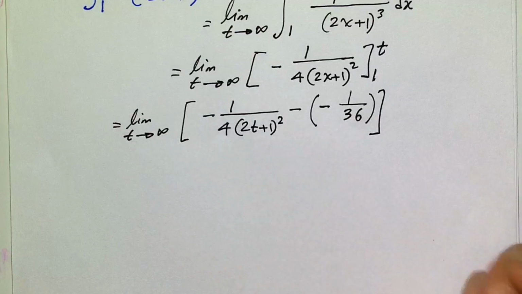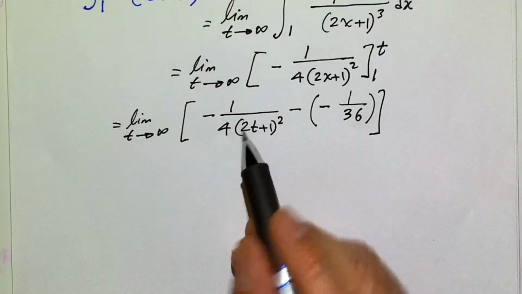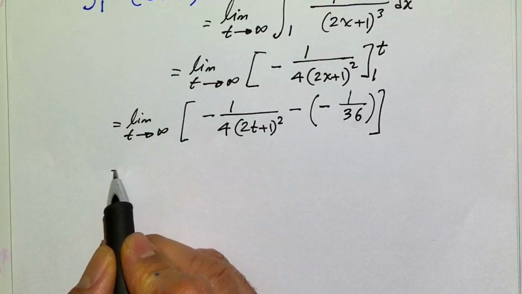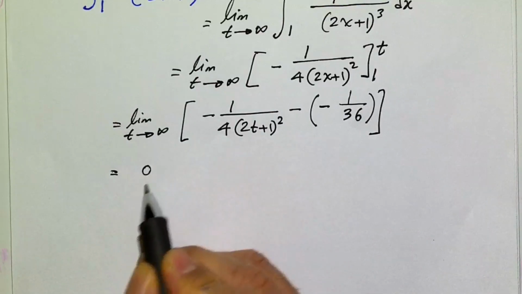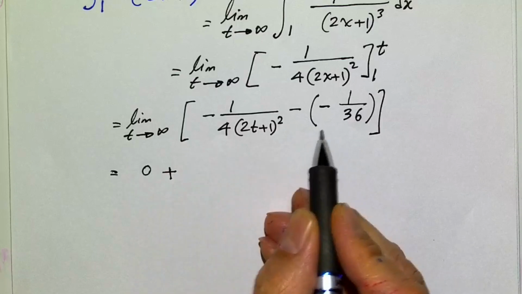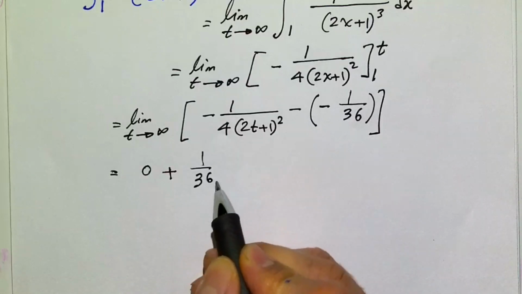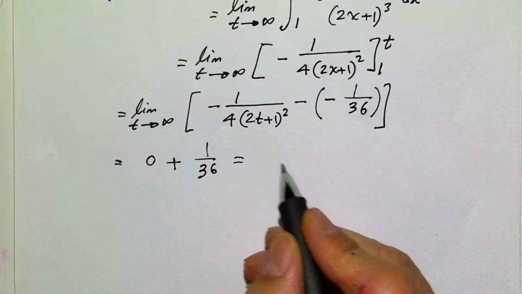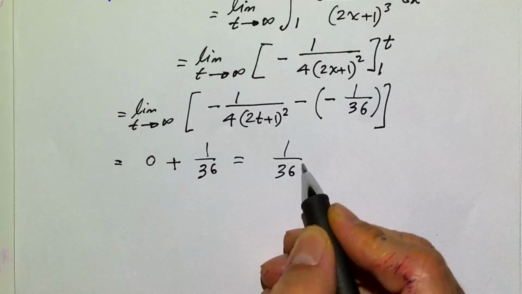So this term is equal to 0 as you take the limit as t goes to infinity. So we can say 0 minus, so that's plus 1 over 36, and this will lead to 1 over 36.